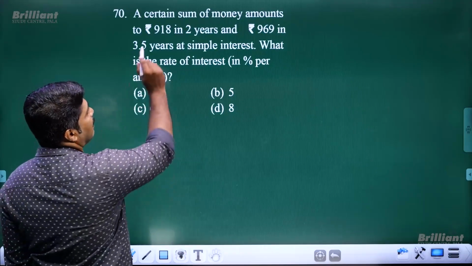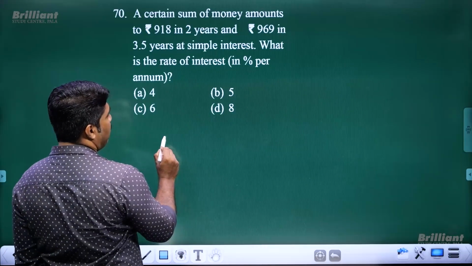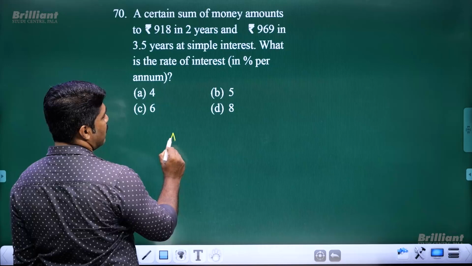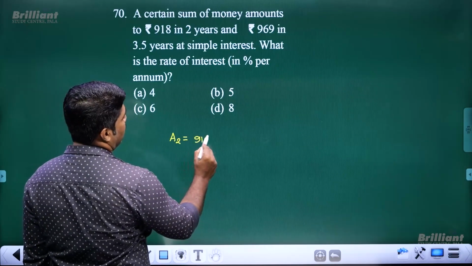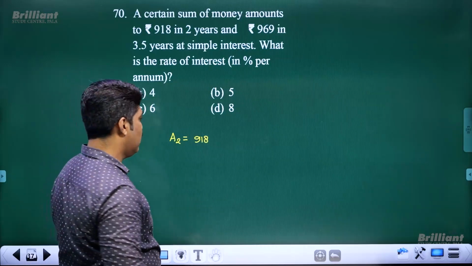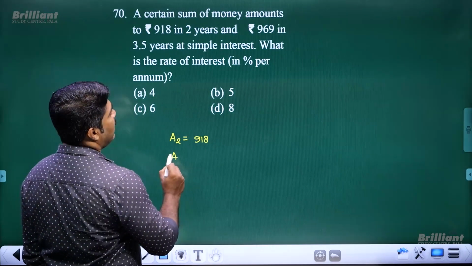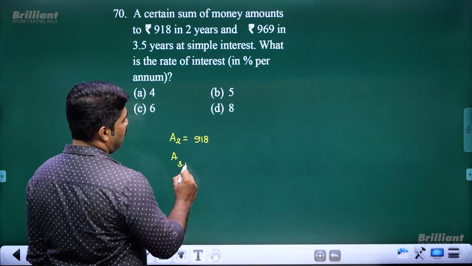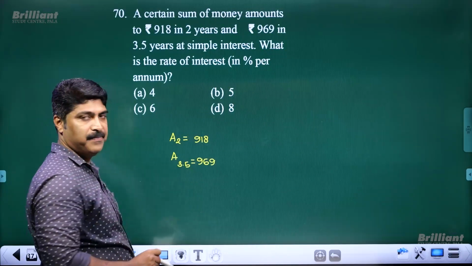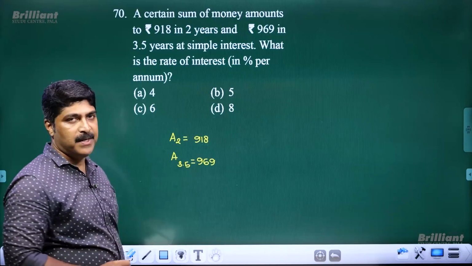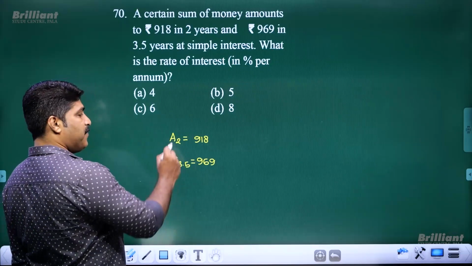So it becomes here the amount at the end of 2 years. So that is equal to 918. Clear? So then amount at the end of 3.5 years, that is 969. Understand, it's a case of simple interest. Therefore, what's the difference here?